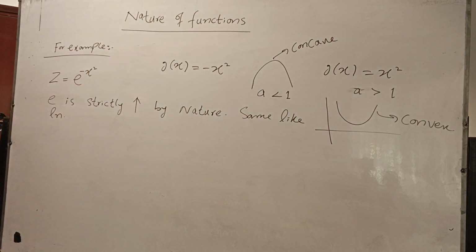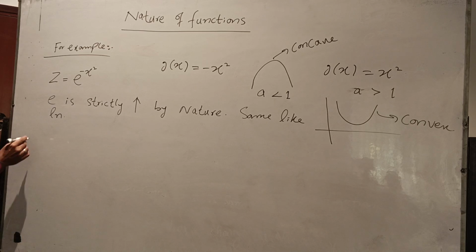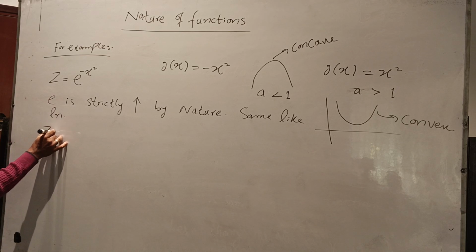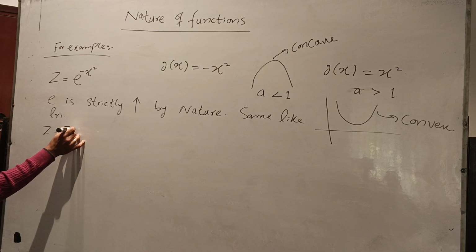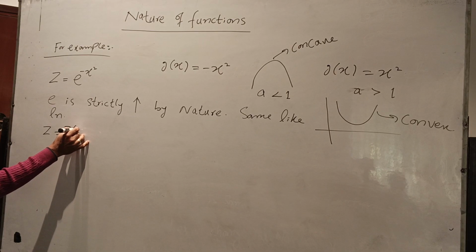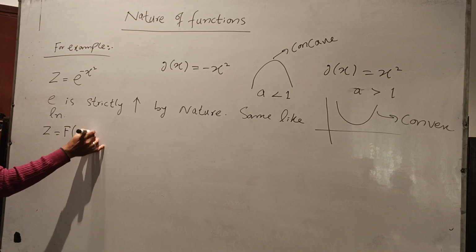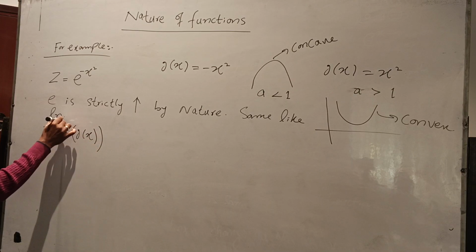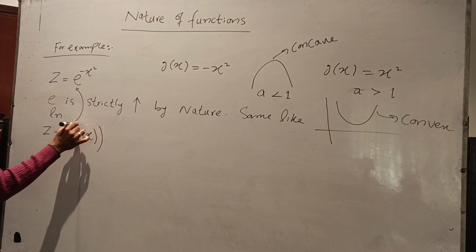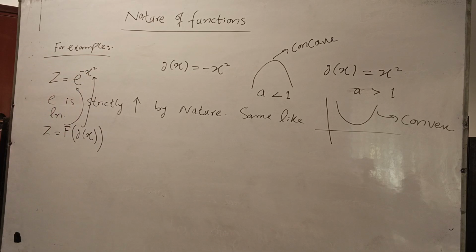So z of f of g of x, this is f and this is g of x. Clear?